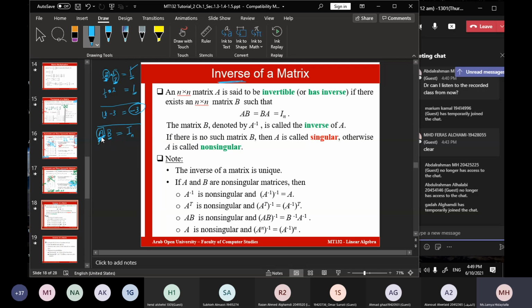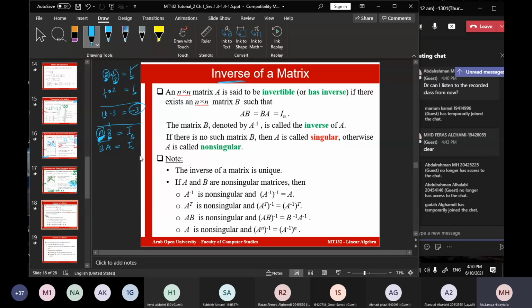Okay, so for any square matrix A, if we want its inverse, we need to find the matrix B such that when I multiply A times B, it gives me the identity. And as well, when I multiply from the left-hand side, B times A, I should again find the identity. Clear?